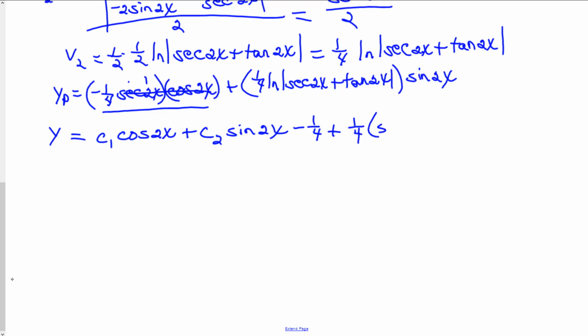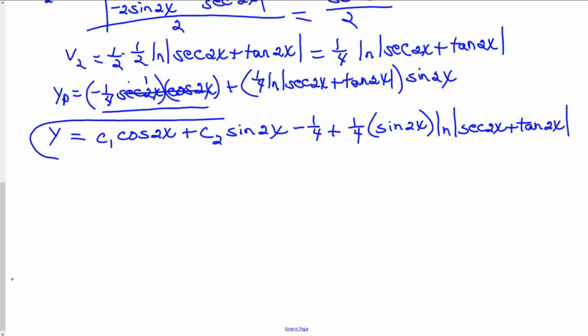Let's put the sine 2x in front. I think it would be a little bit less likely to be misunderstood, times ln absolute value secant 2x plus tangent 2x. And this is the solution using variation of parameters.